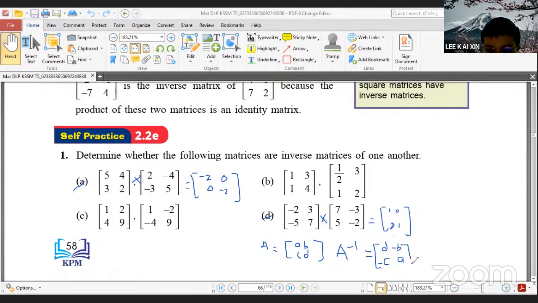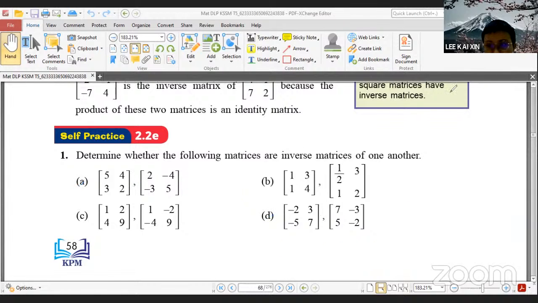So this is the relation of the inverse matrix.